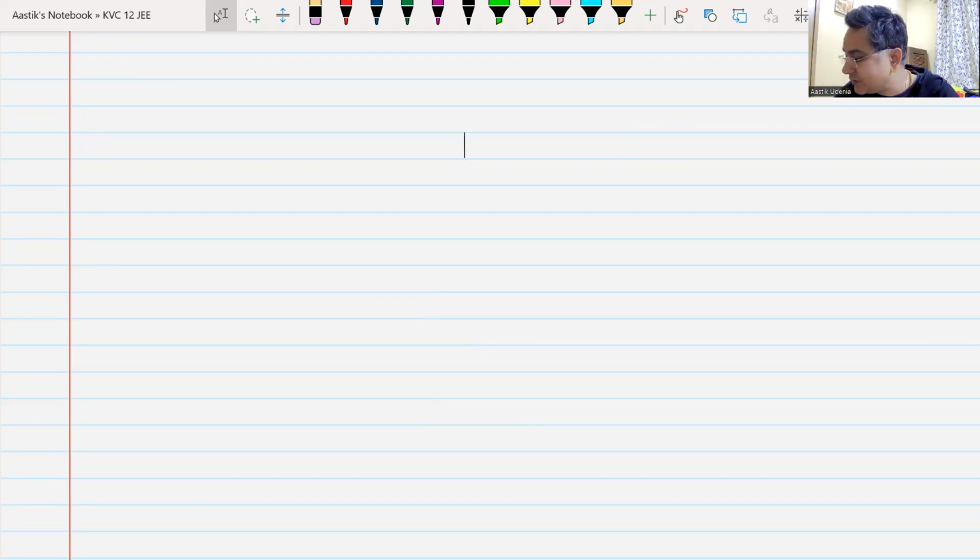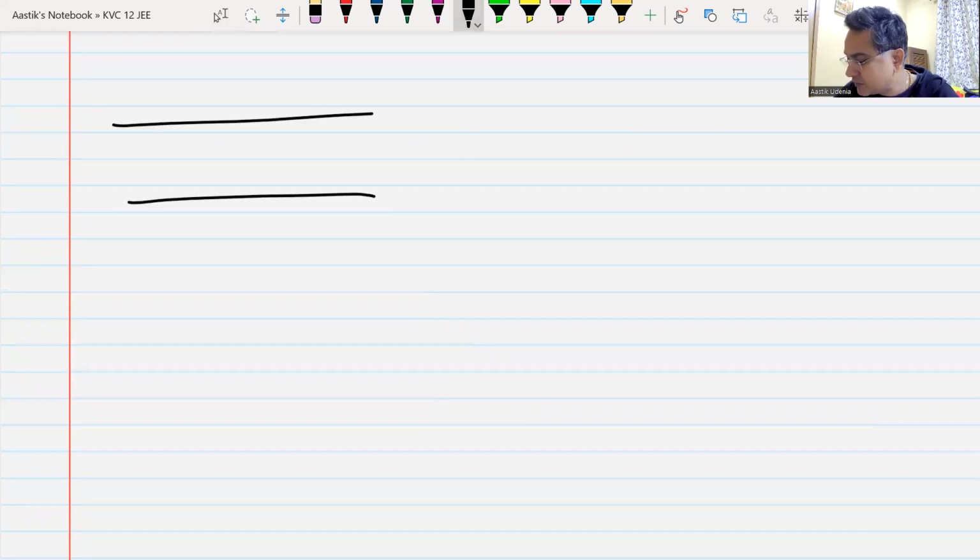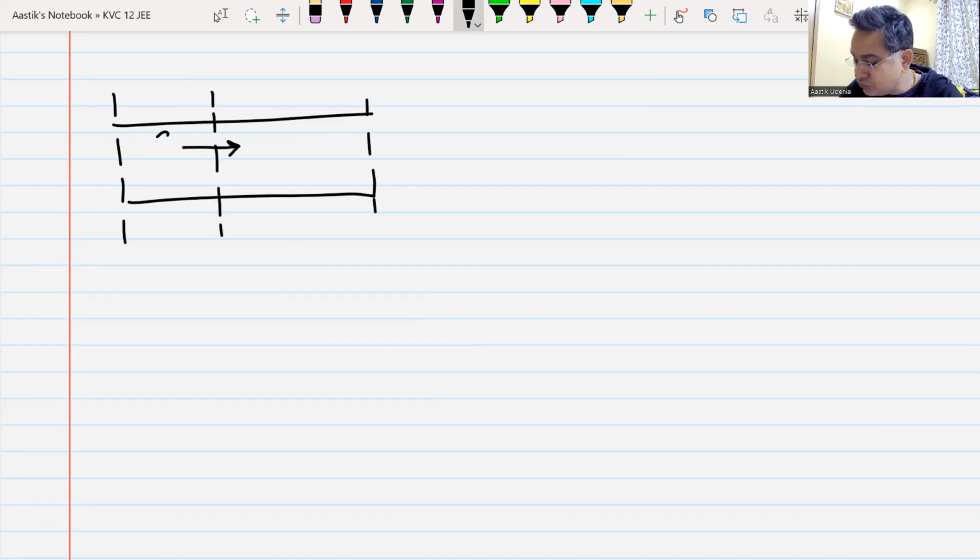For example, if there is a conductor like this, a random section of a conductor I have taken, and if I take any cross section area of this conductor, you might have some electrons or some charges moving like this. You might have some charges moving like this.